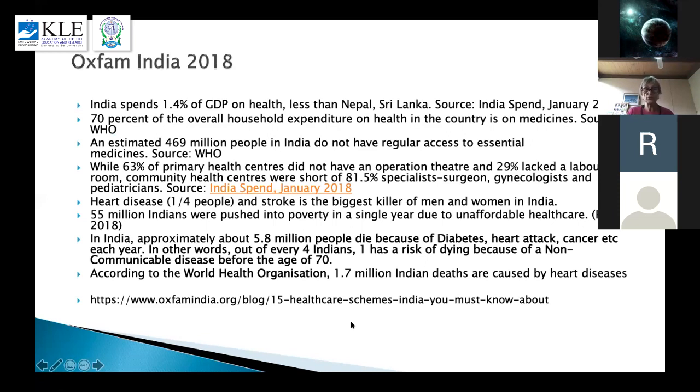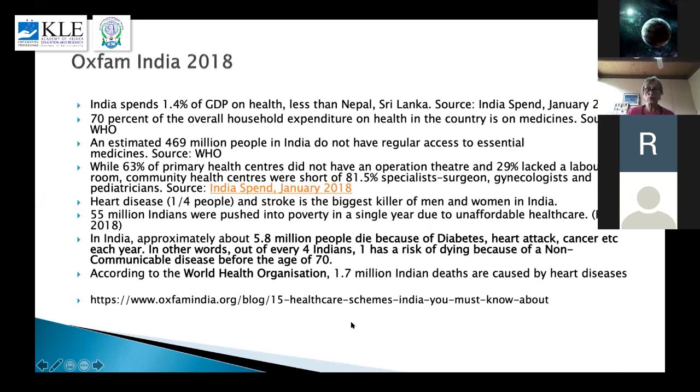We do know that there are the inequities that we were just talking about. We know that heart disease and stroke is one of the biggest killers of men and women in India. We know that there's a lot of poverty in India, and we know that poverty means that they're probably unable to afford good health outcomes.